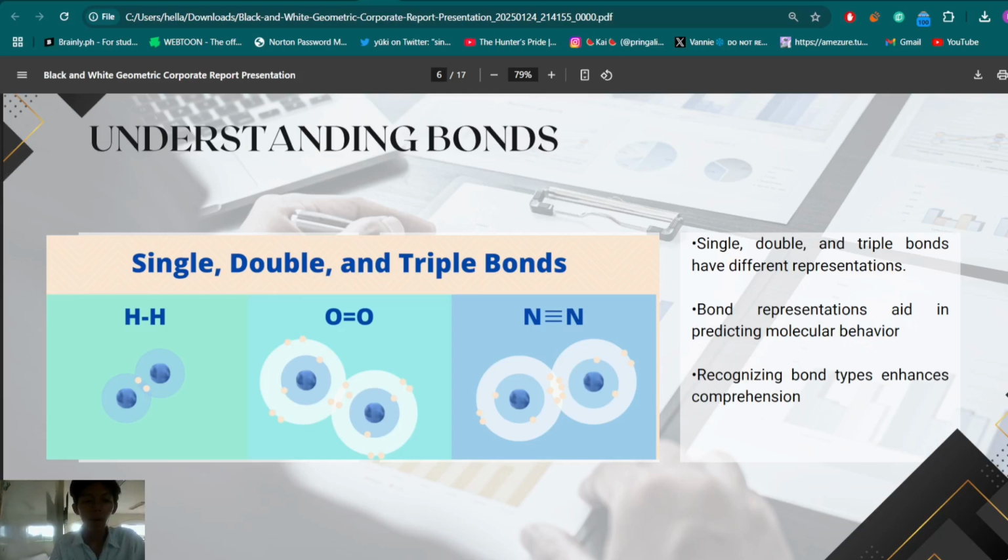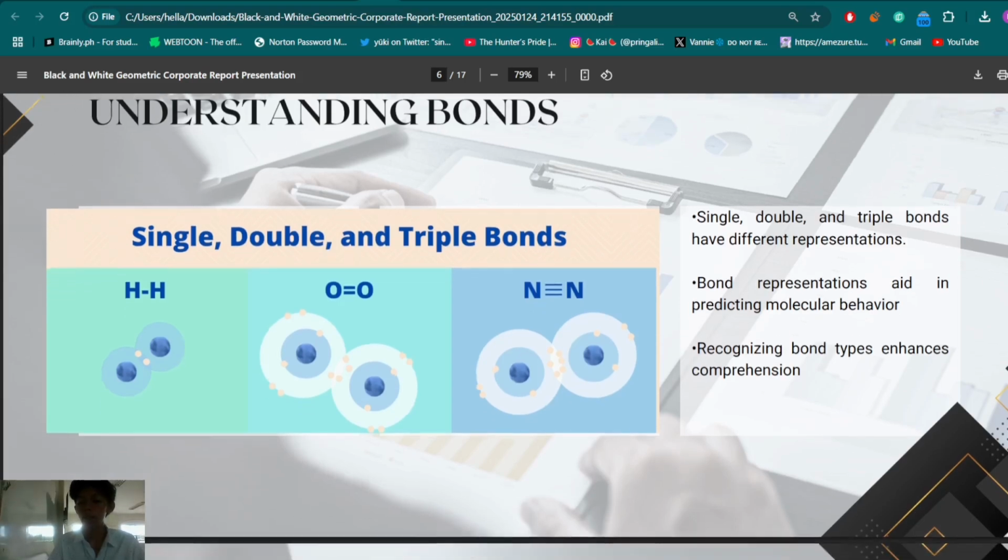The double bond shares two pairs of valence electrons, with medium bond length, intermediate strength, and medium reactivity. And the triple bond shares three pairs of valence electrons, with short bond length, and it is the strongest of the three and has the highest reactivity.